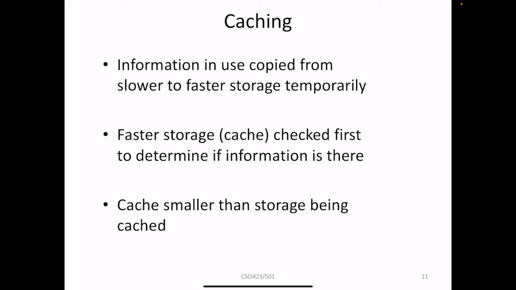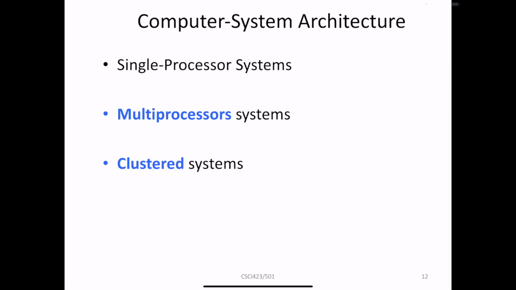At this moment, since main memory is slower than the register, the main memory will be treated as a storage, and the cache is the register. As we mentioned in the previous slide, in the hierarchy, the upper storage is faster than the lower storage. However, the price of upper storage is much higher than the lower ones. Therefore, the size of a cache is usually smaller than the size of the storage being cached.